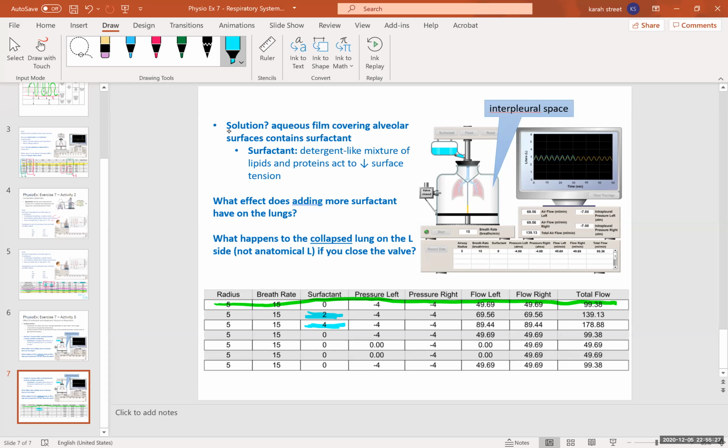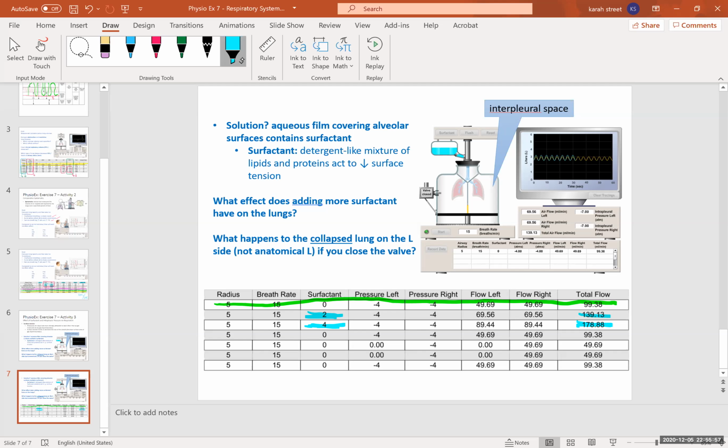And notice that as we have surfactant, our airflow improves. Why? Surfactant lack is a restrictive disorder, making the lungs overly recoiled and less compliant. As we add the surfactant, notice that the lungs become more compliant, they are more distensible, and we see airflow improve dramatically.